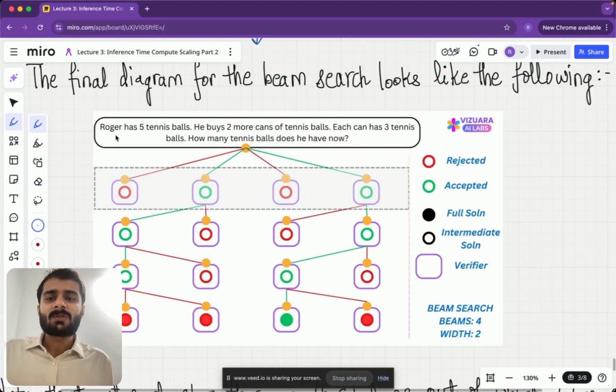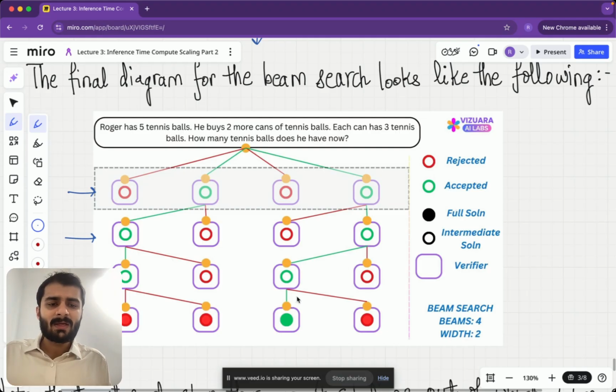Here the question is, Roger has 5 tennis balls. He buys 2 more cans of tennis balls, and each can has 3 tennis balls. How many tennis balls does he have now? This is the first layer, this is the second layer, this is the third layer, and this is the fourth layer. You can see that in the first layer, we have selected 2. In the second layer, out of 4, we have selected 2. In the third layer, again, we have selected 2.